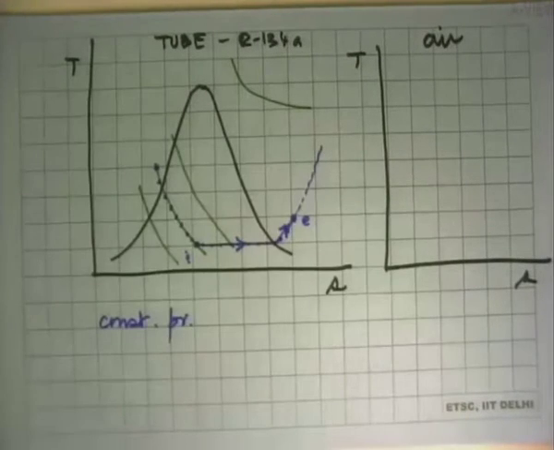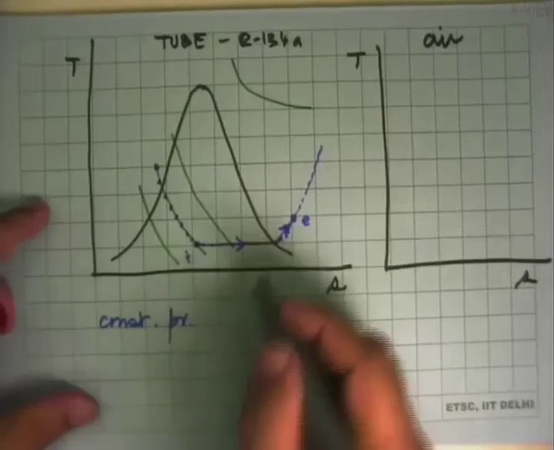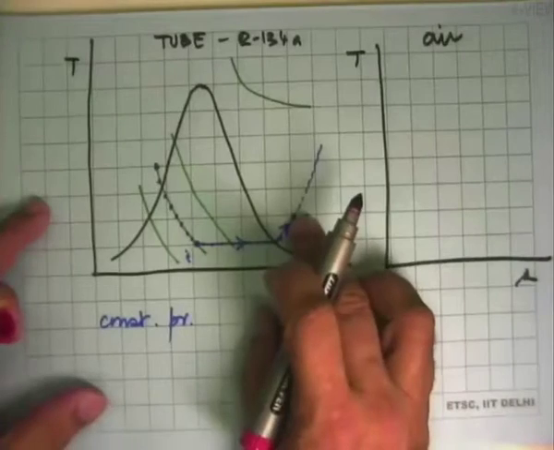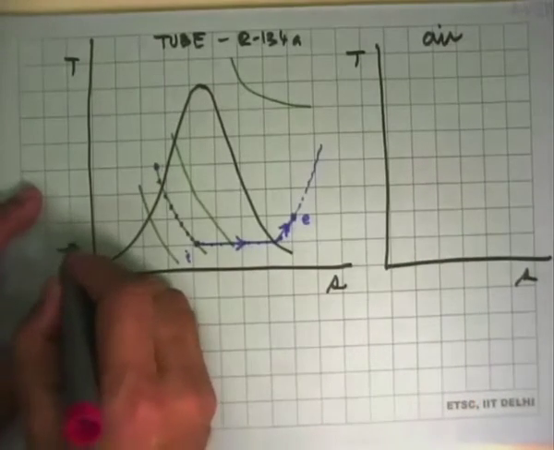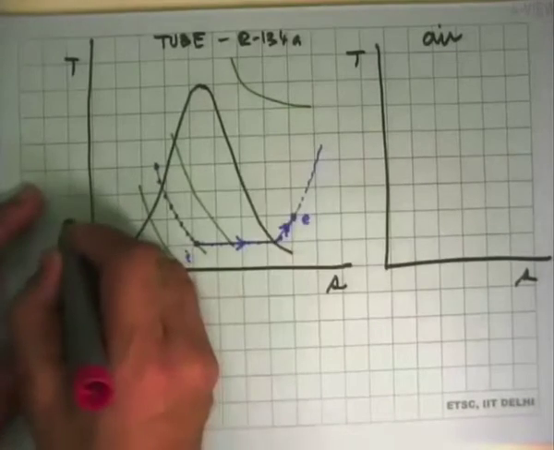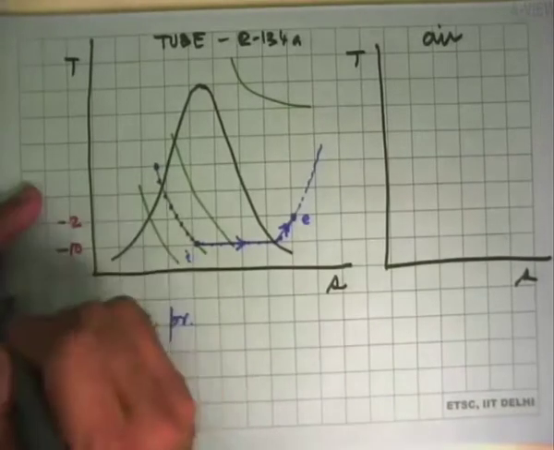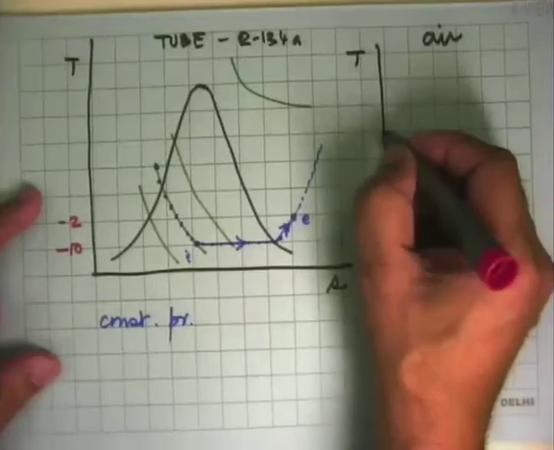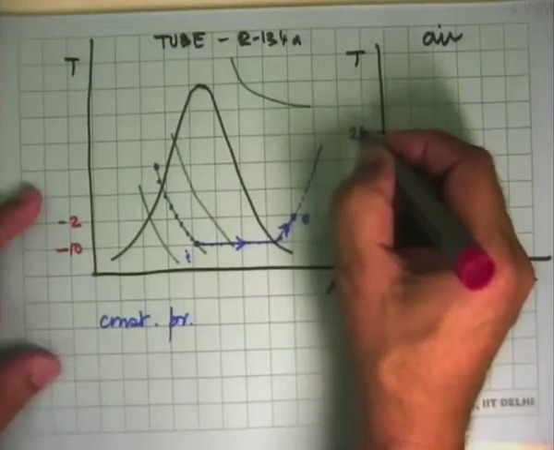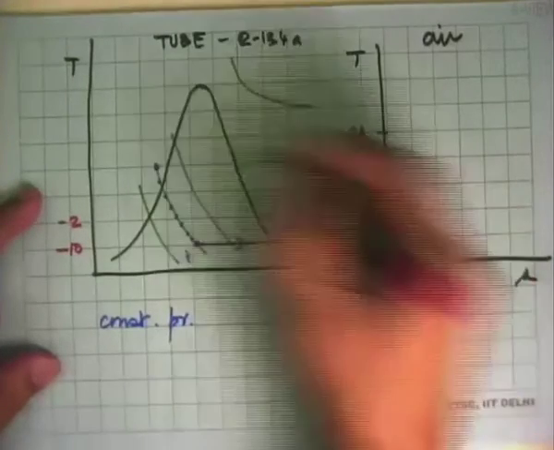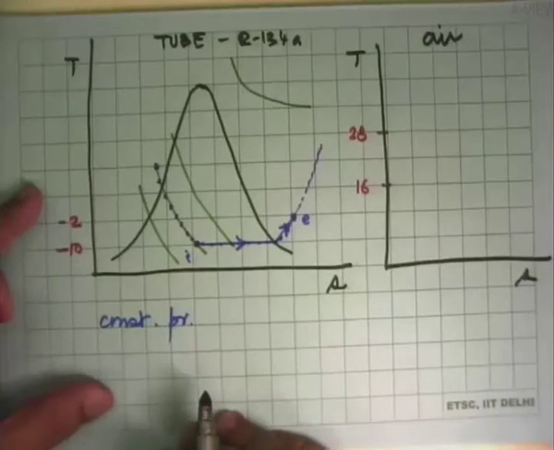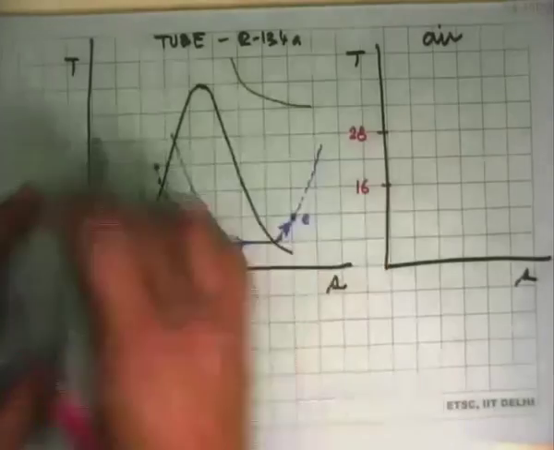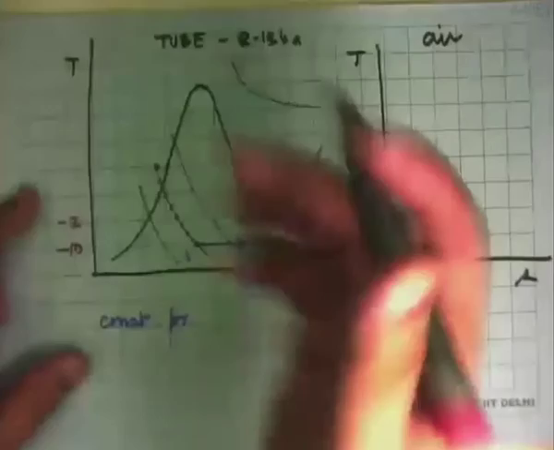Now what will happen on the air side? Air side, we know that the air was warmer than this fluid at all states. So if this was say minus 10 degrees Celsius, this was say minus 2 degrees Celsius, and the air which came in was say 28 degrees Celsius and left the device at say 16 degrees Celsius, so that much temperature difference was there between the hot and the cold fluid at all times.